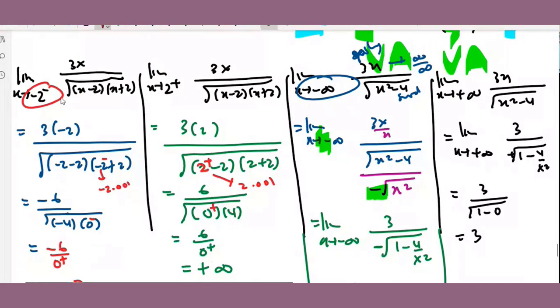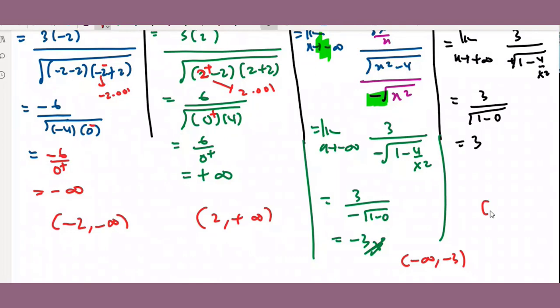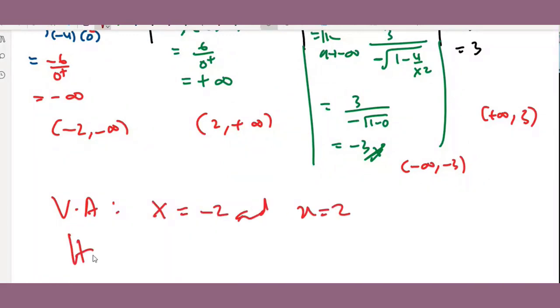So now we check: negative infinity at negative 2, positive infinity at 2, negative 3 and 3. The vertical asymptotes are x equals negative 2 and x equals 2. The horizontal asymptotes are y equals negative 3 and y equals 3. Done.